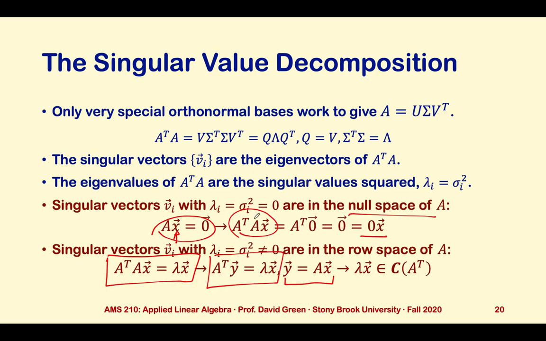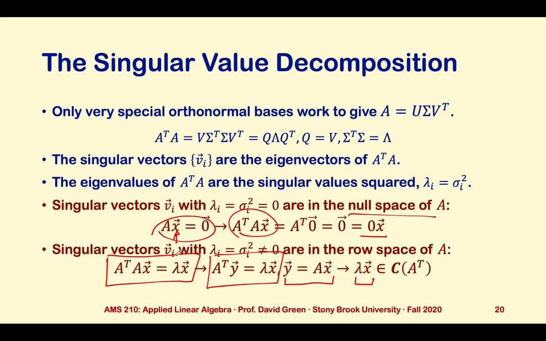Right? What is this? This is a linear system, and lambda x has a solution. If lambda x has a solution, it means that lambda times x has to be part of the column space of this matrix. Lambda x has to be an element of the column space of A transpose, or of the row space of A. If lambda times x is in the row space of A, then x itself also is.